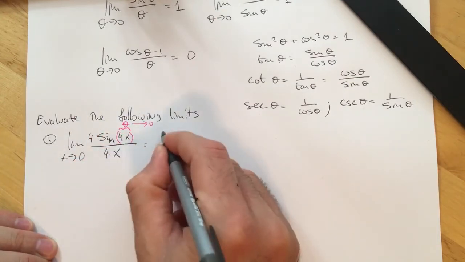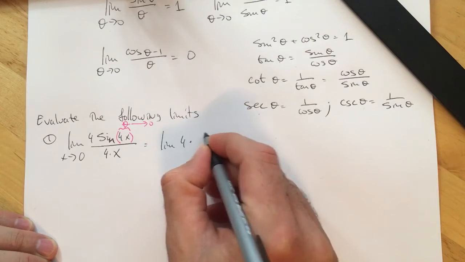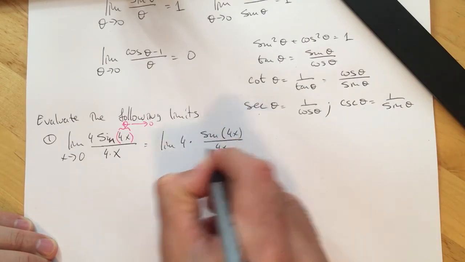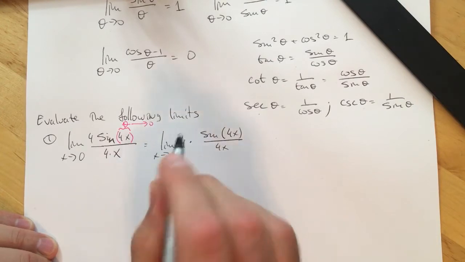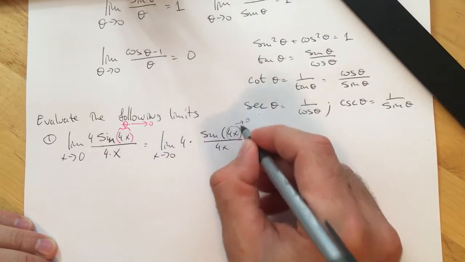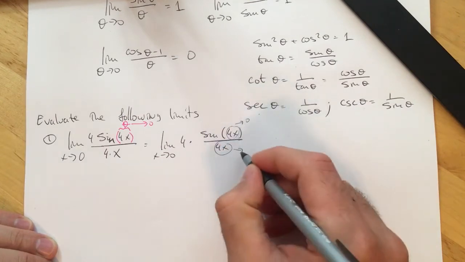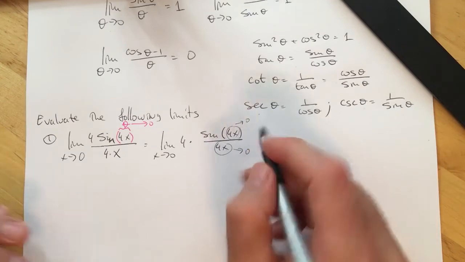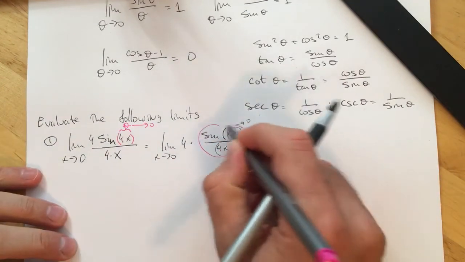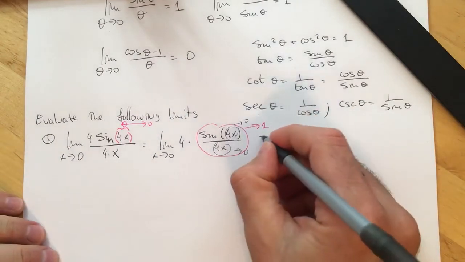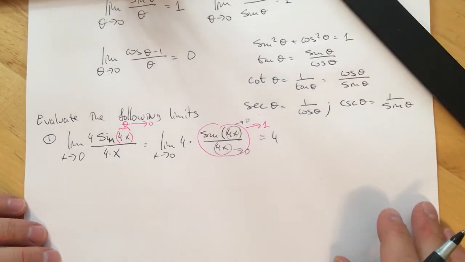So this is equal to the limit of 4 times sine of 4x over 4x as x goes to 0. As x goes to 0, this theta goes to 0, and sine of theta over theta goes to 1, so I have the limit of 4 times 1, that's equal to 4.